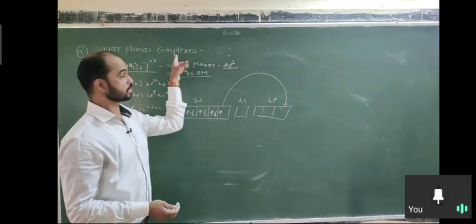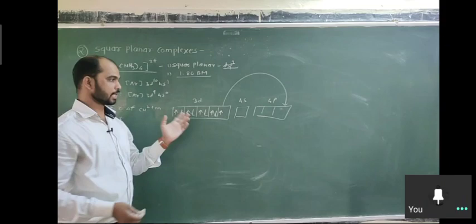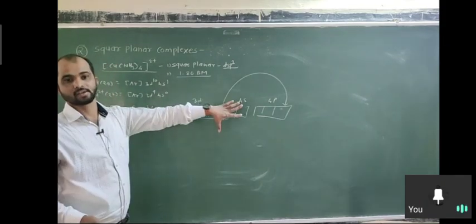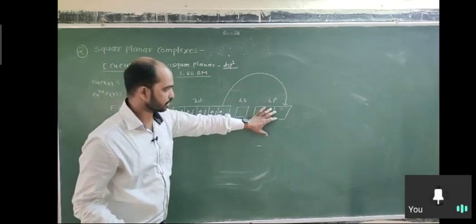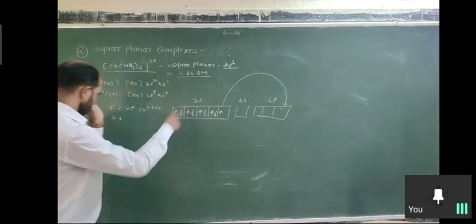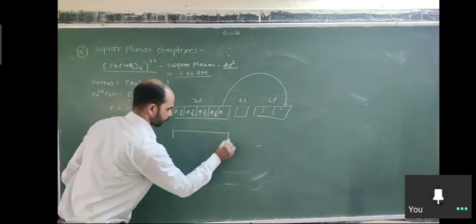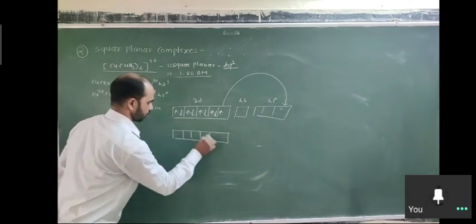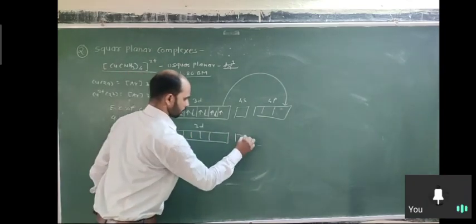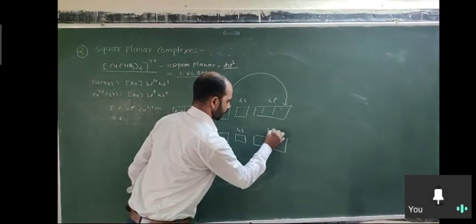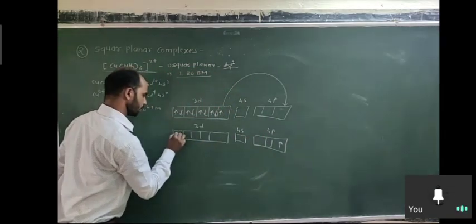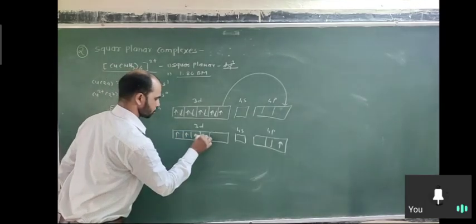But the observation says it is dsp2. That means the electron does not remain here. So VBT promotes this electron. Using 3d, 4s and 4p, the electron is promoted here, and the remaining electrons are here, 1, 2, 3, 4.